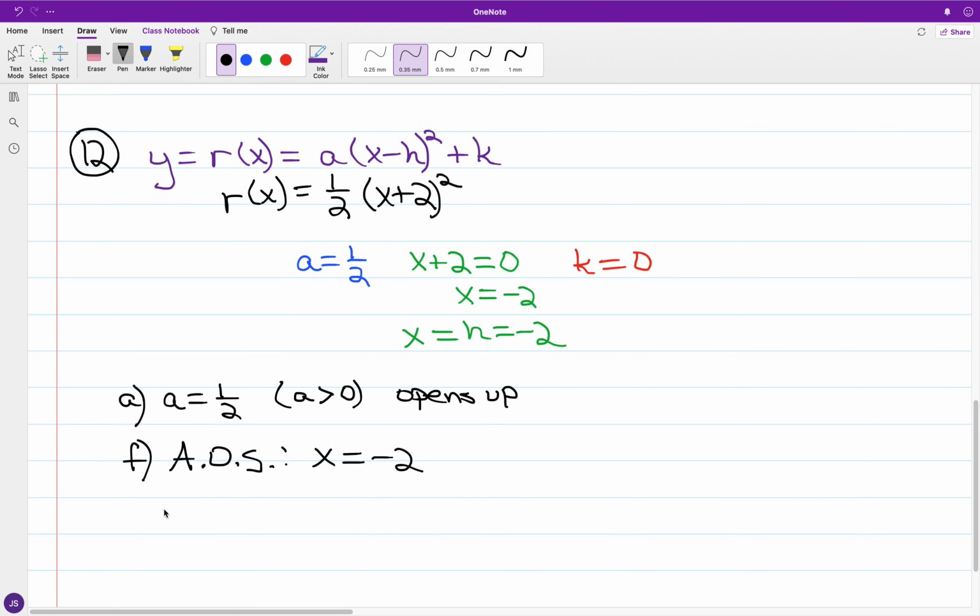And in the case of the vertex, h is at -2, and notice that k is 0. And this vertex is going to turn out to be an x-intercept.